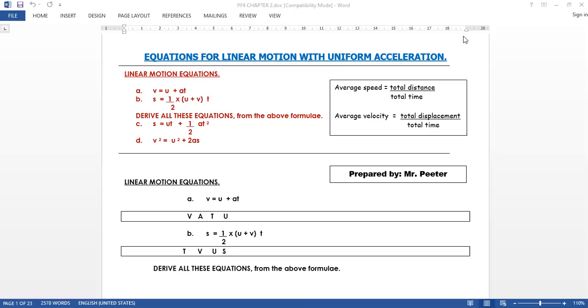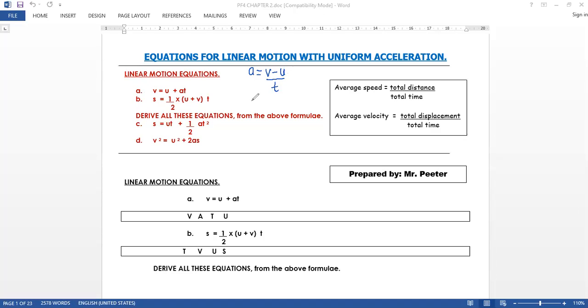So speed, velocity, acceleration, deceleration. The formulas that you need to know for this 2.1 of Force and Motion Part 1, Chapter 2, Form 4 are the basic formulas of linear motion. v equals u plus at. Actually, this formula came from the first formula just now. The first formula just now was a equals (v minus u) per t.